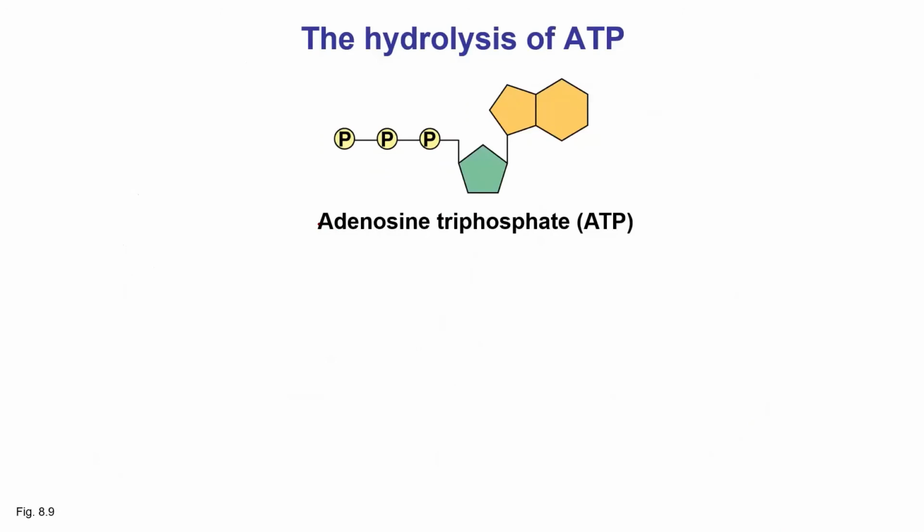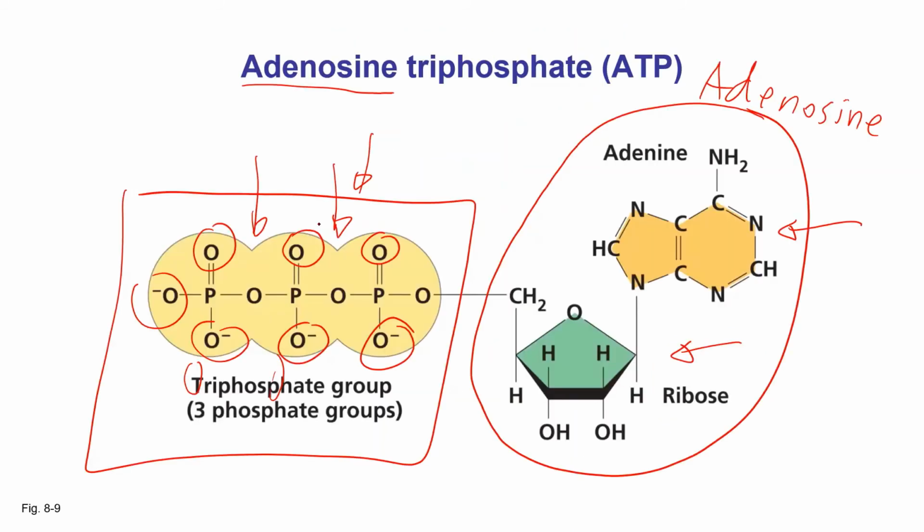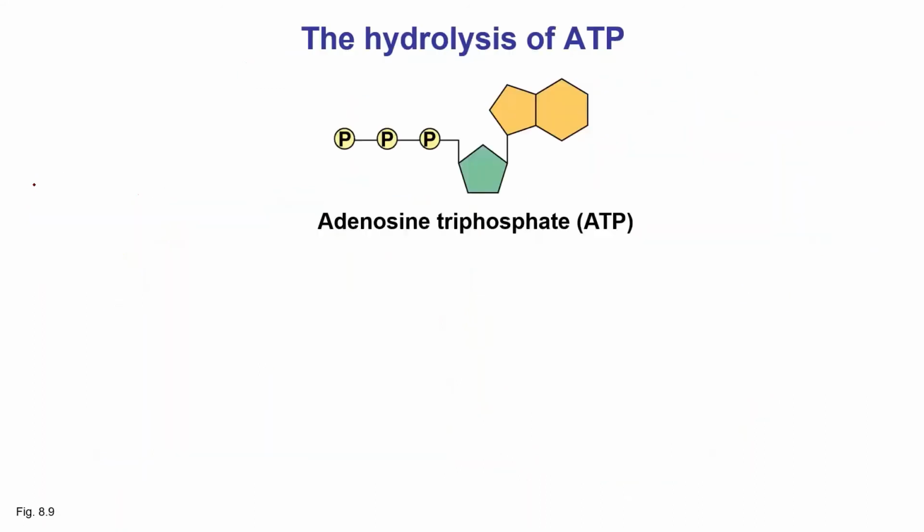And so we use ATP to drive a bunch of other reactions, and the way we do it is we do the reverse reaction. We hydrolyze it. So this is showing a little stick figure of ATP. Let me just go back for a second. By the way, each of these is a phosphate, we call it. And a phosphate is often represented with a P with a circle around it. So that's what you're seeing on the next slide.